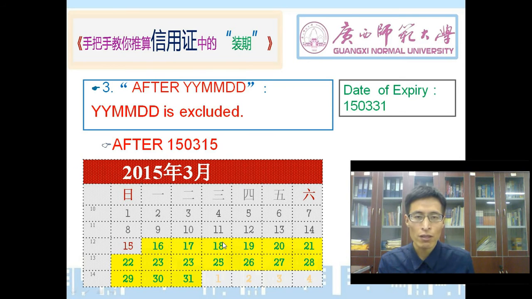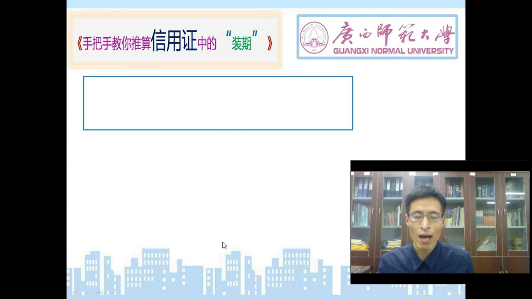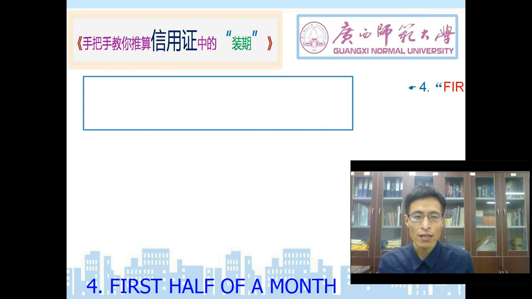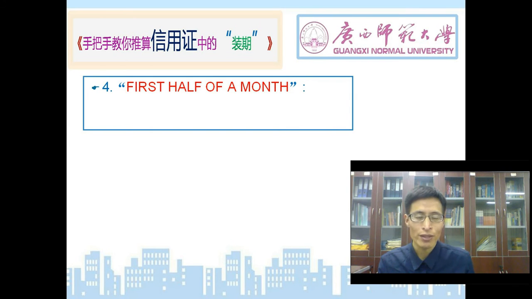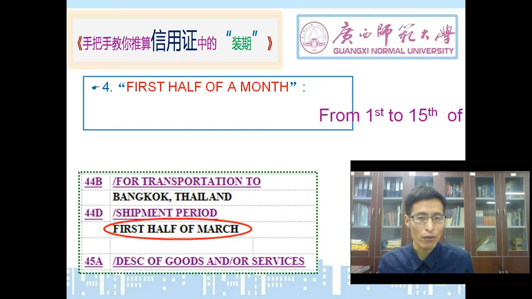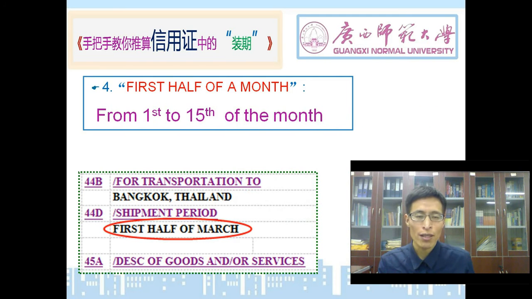And then let's go on to see the fourth expression about shipment period, that is first half of a month. Here you have to remember that if you see this kind of expression, first half of a month, it means from the 1st to 15th of the month. Here we use this expression, first half of March, as an example to illustrate this principle.